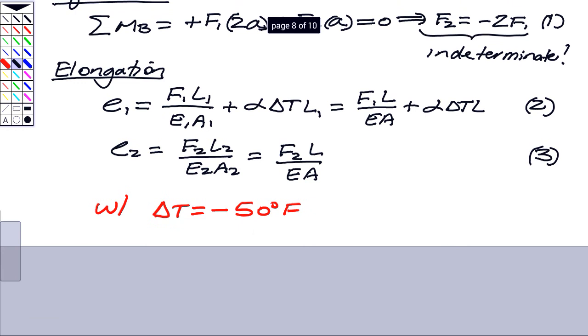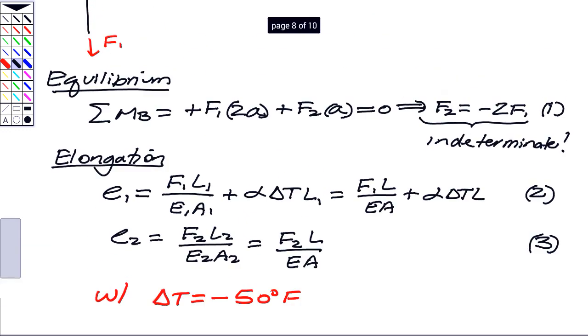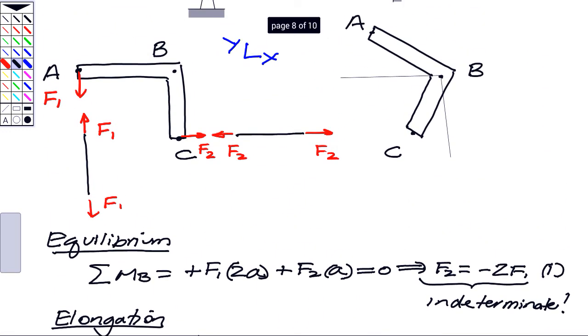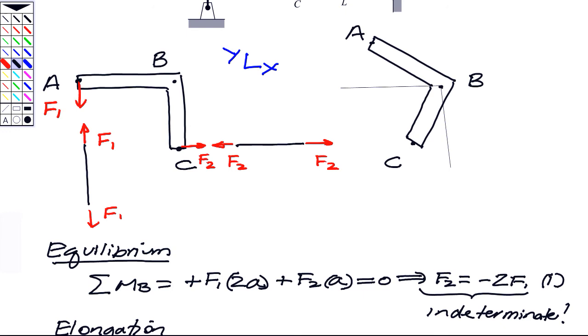What is our compatibility? What is the relationship that exists between delta 1 and delta 2? Let's go back up to here. To the right of my FBD, I've shown the L-shaped bar with a rotation angle there of theta, positive rotation.